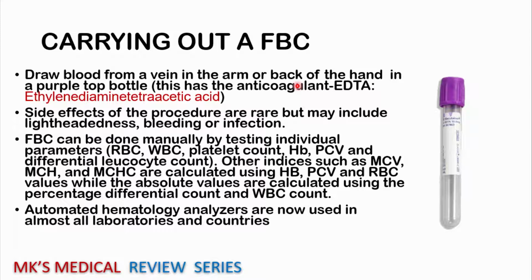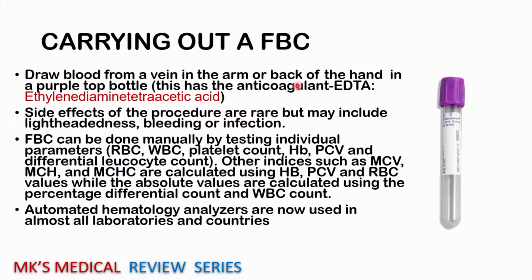So remember that the FBC parameters can actually be determined manually, and you can determine the red blood cell count, the white blood cell count, the platelet, the HB, the PCV, and the differential leukocyte count.